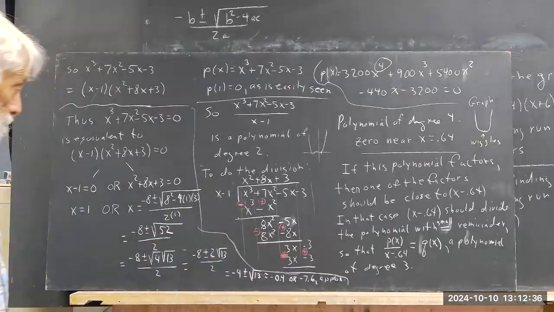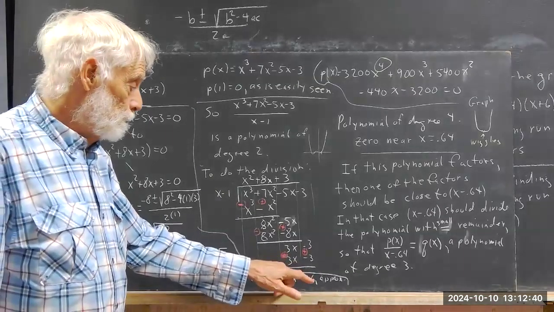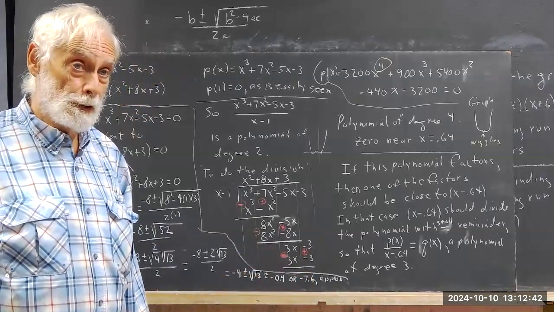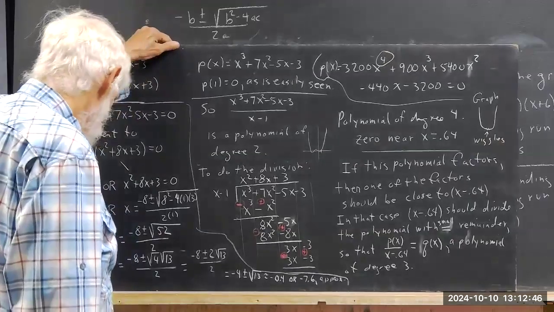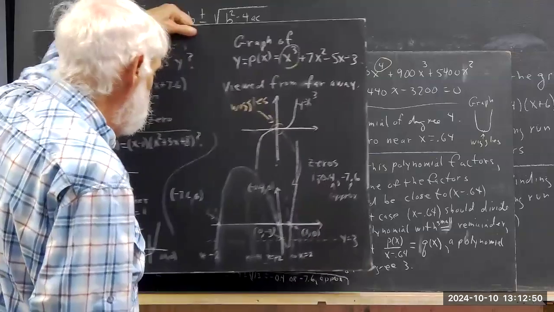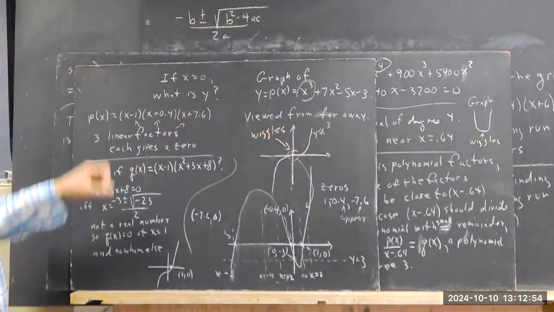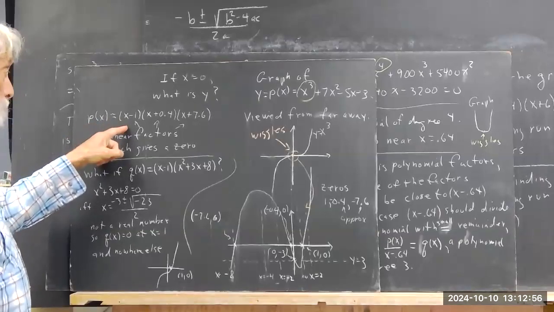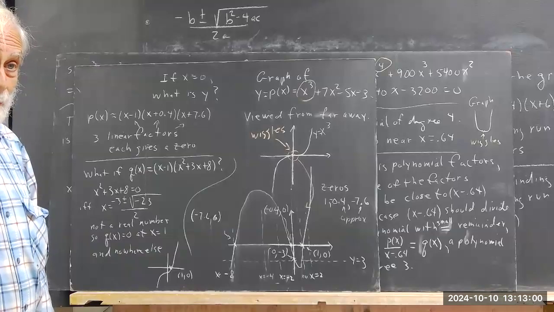Well, you can graph that now. You know, you're going to have a 0 at 1, 0 at -0.4, 0 at -7.6. You also know that this polynomial then is approximately equal to x minus 1 times x plus 0.4 times x plus 0.6.